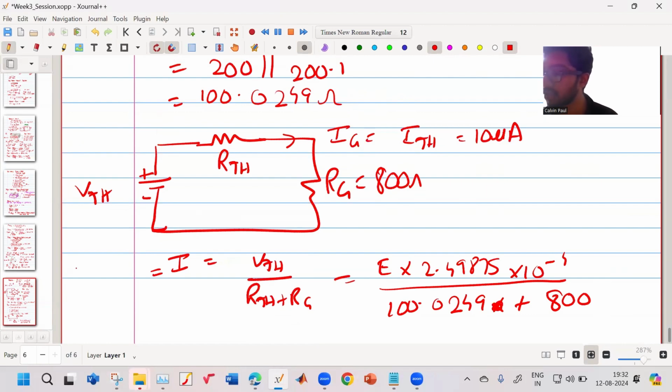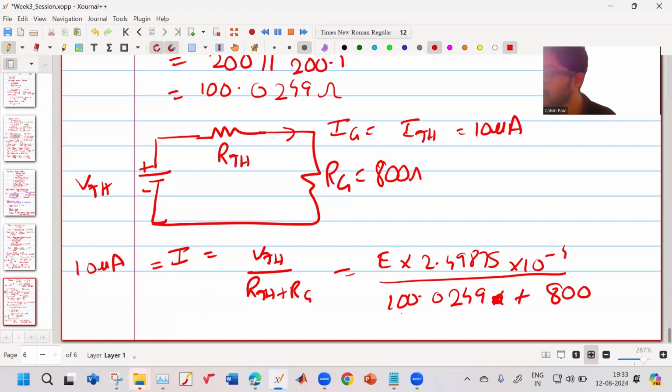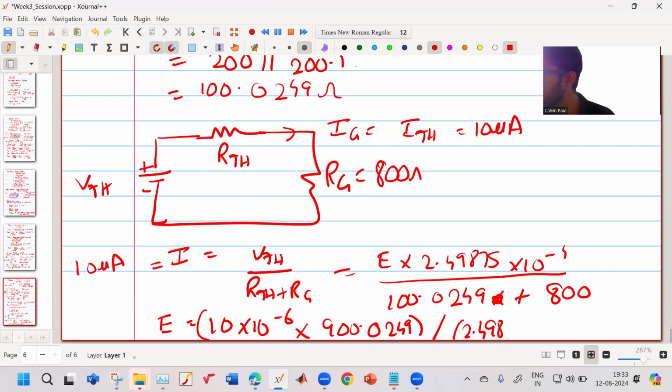And this I should be equal to 10 microampere. So if you calculate, your E is 10 into 10 to the power minus 6 into 900.0249 divided by 2.49875 into 10 to the power minus 4.